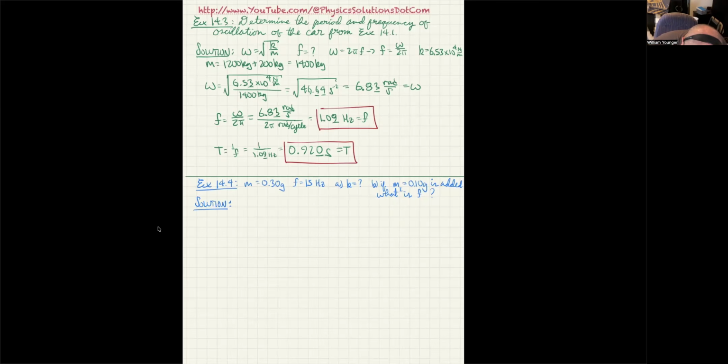We know that, for instance, omega is equal to 2 pi f, and we know that omega is equal to the square root of k over m. So we could say the square root of k over m is equal to 2 pi f, and that would mean that if I squared both sides, I would get k over m is equal to 4 pi squared f squared, so that we could say k is actually equal to 4 pi squared m times f squared.